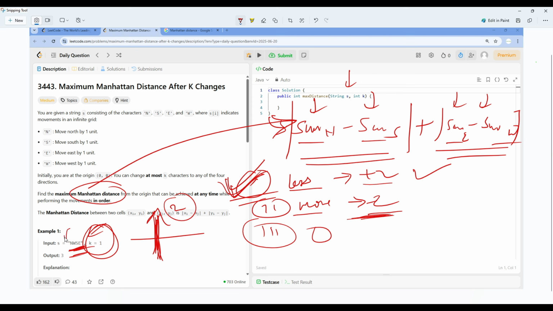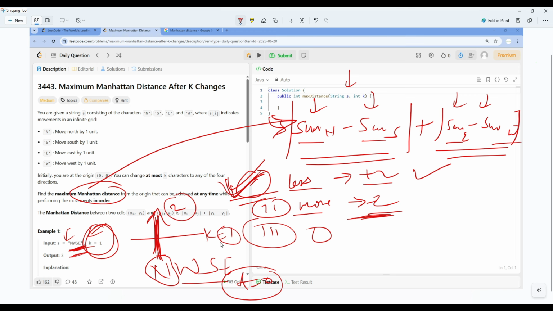For example, if we are given N, W, S and E and k equal to 1, it means only one letter will be modified. And we set the remaining modification count to 0.